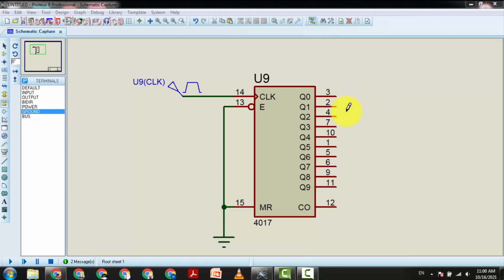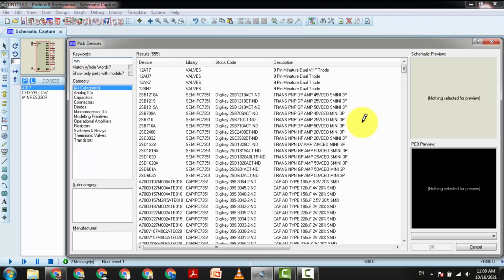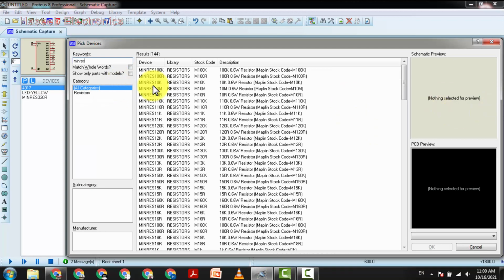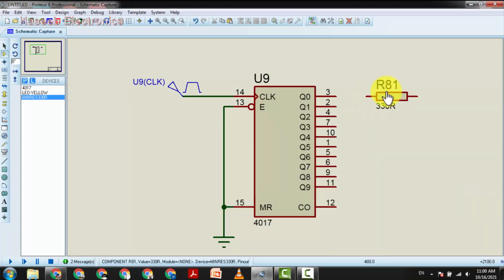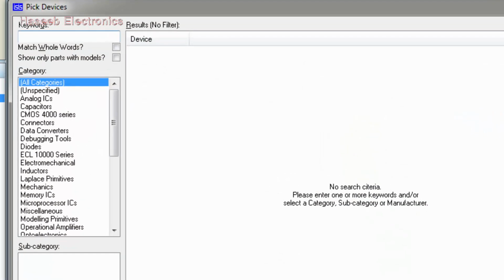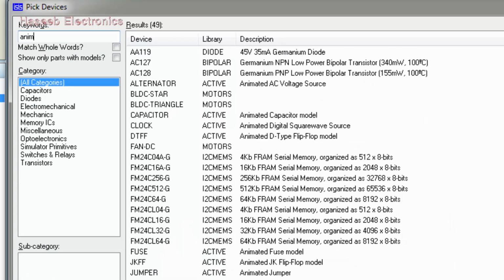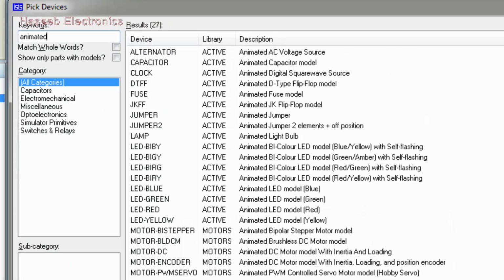For example, I want to select 330 ohm resistor, P330R. We can select 330 ohm resistor. We will connect it here. We can place animated LED, we can use it because we have to show on the screen, and then we will design it practically.